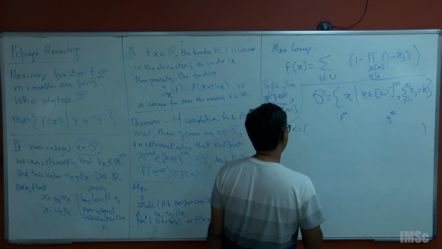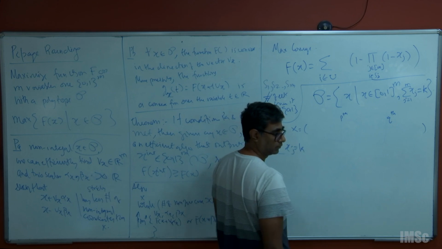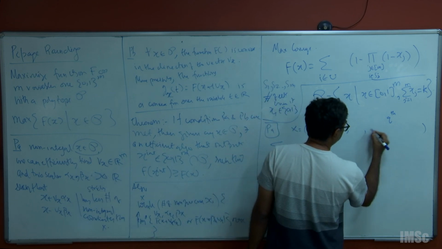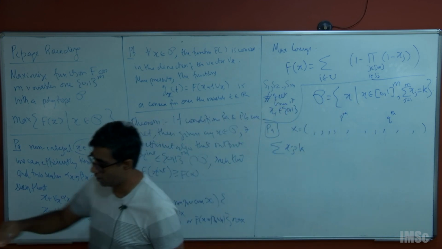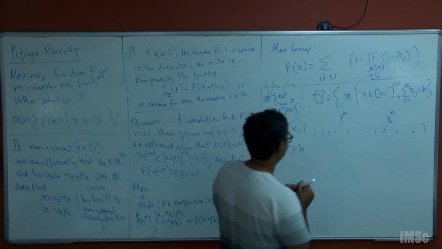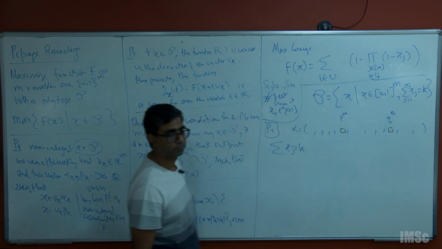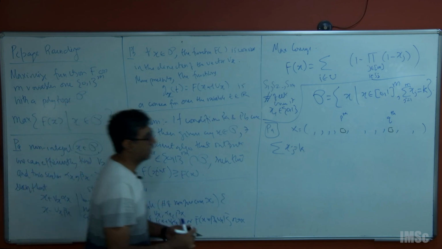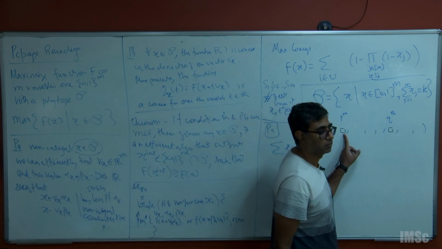Now, what you know about summation of xj is equal to k, right. If the summation of xj is equal to k, I claim there are two coordinates which are non-integral. Do you agree? If summation of xj is an integer, then I cannot have just one coordinate being non-integral.